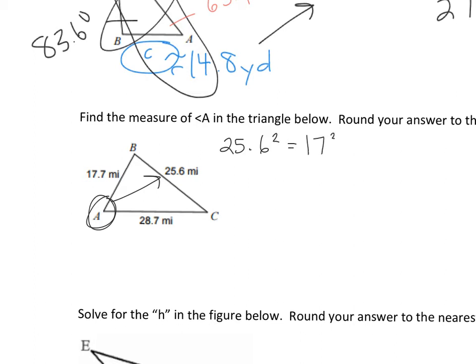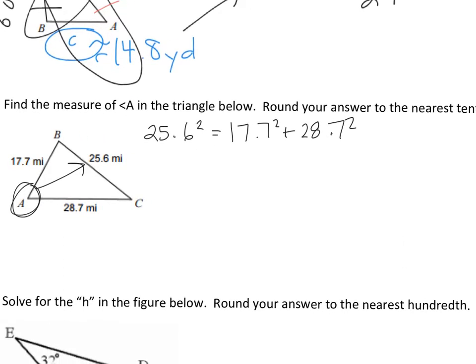The letters don't really matter, but the two sides that make up the angle are 17.7 squared plus 28.7 squared minus 2 times 17.7 times 28.7 cosine of angle B, or angle A.